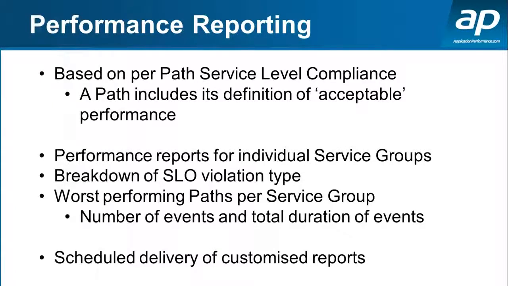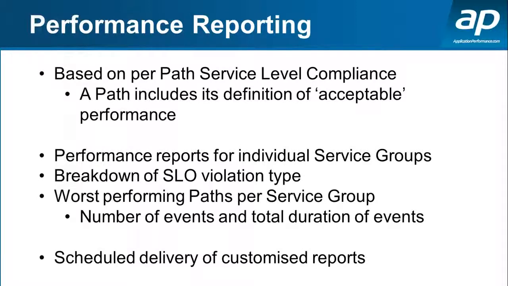Because when we move up from the individual path, we've moved away from diagnostics, we're no longer interested in the absolute round trip time or the absolute level of packet loss. We can base all of our reporting on service level compliance to the objectives that we've set, because each path already has its own definition of acceptable performance.